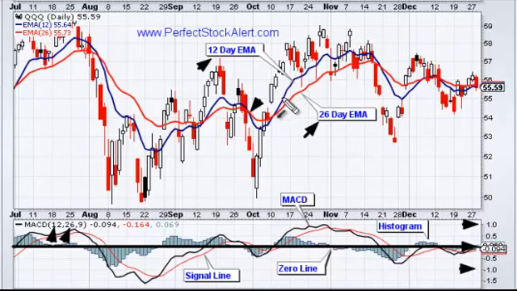When the 12-day is above the 26-day exponential moving average, it is considered bullish, and therefore the MACD will be above the zero line, reporting in positive numbers. When the situation is reversed and the 12-day falls below the 26-day exponential moving average, it is considered bearish, and that's why you're going to be seeing it reported in negative numbers.